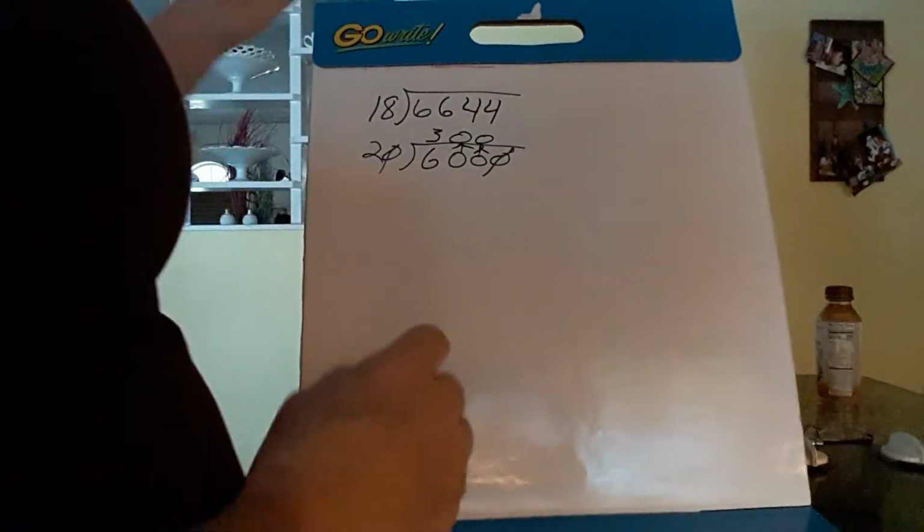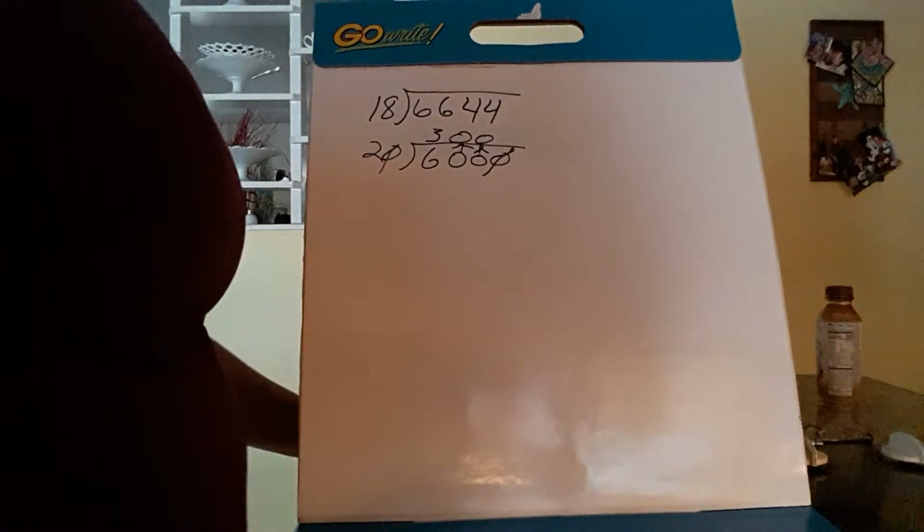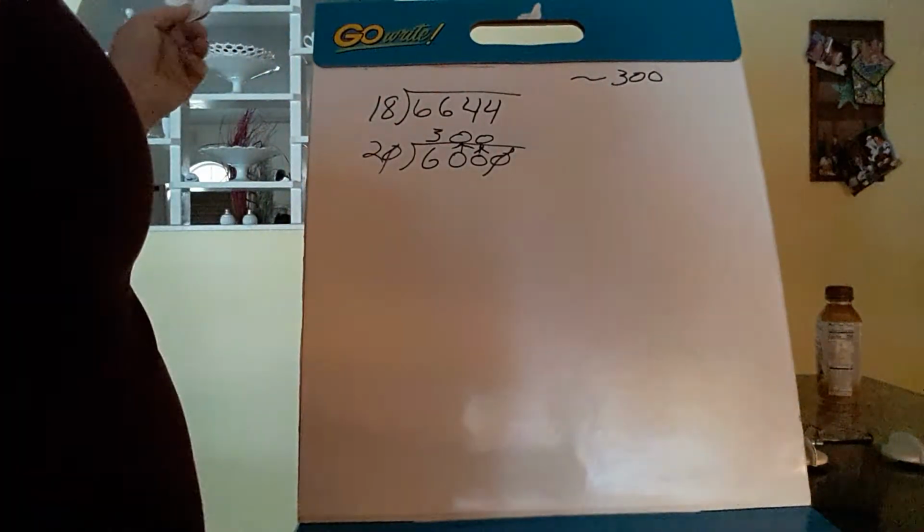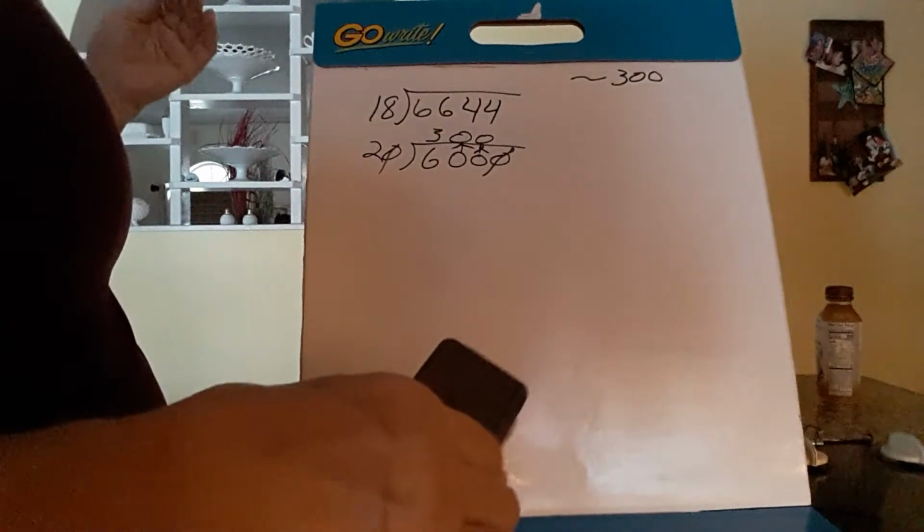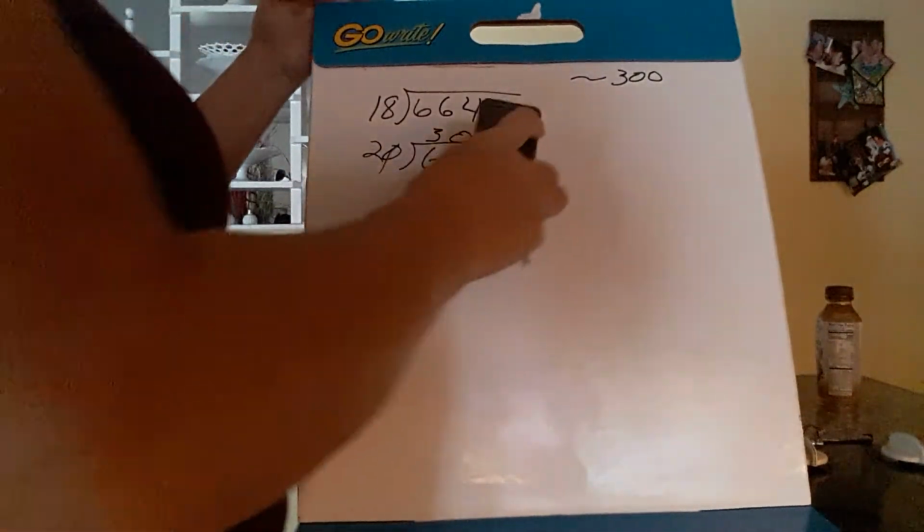Okay, and then we have the 2 zeros left. We need to move those up. So our answer should be around 300. If you get 500, you know your answer is wrong. So we're going to put an estimate of 300. And you need to do that with each one of your division problems, even if it's a one-digit divisor.